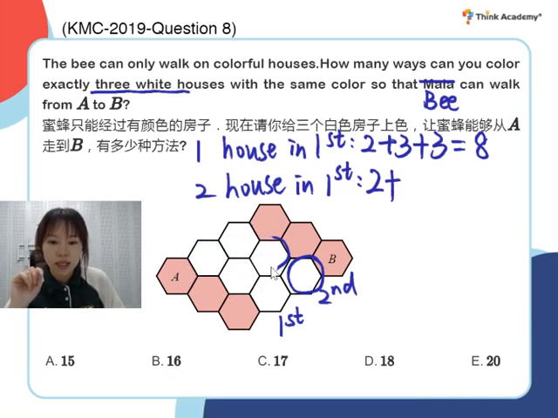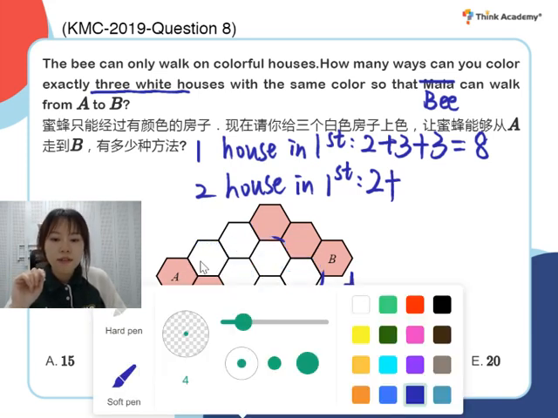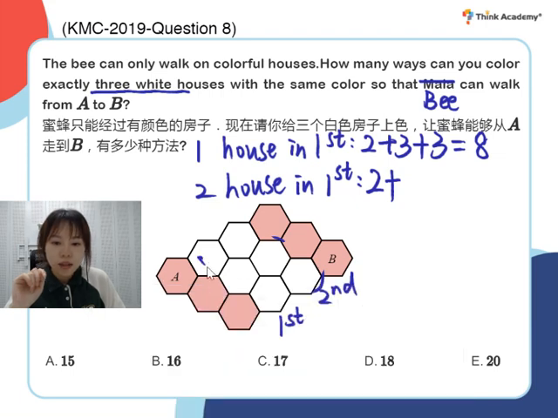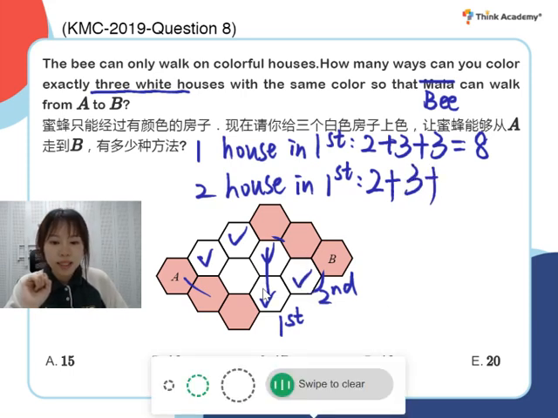Let's continue counting. What about if I colored these two houses and colored one in the second layer? This one, it's okay. This one, okay, very good. So here it can fly like this, it can fly to B. What about this one? Okay, very good. 3, 2.